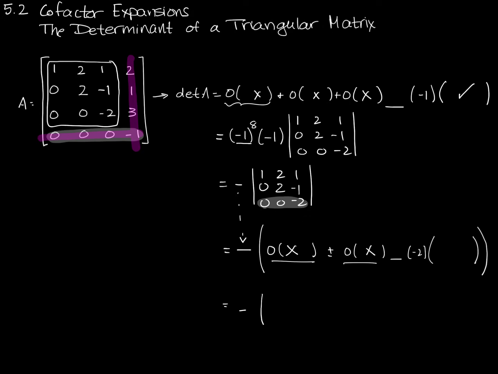I'm in row 3, column 3, so that's a 3 plus 3, which is 6. So I have -1 to the 6th power.